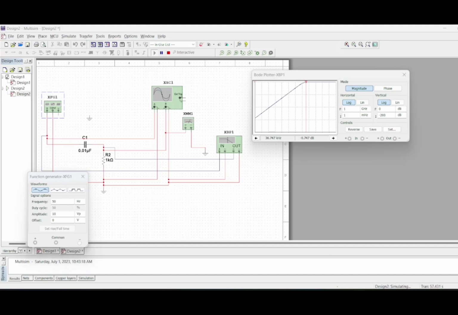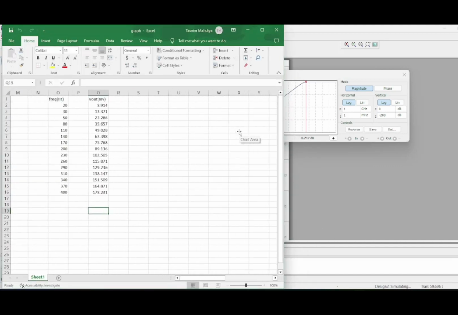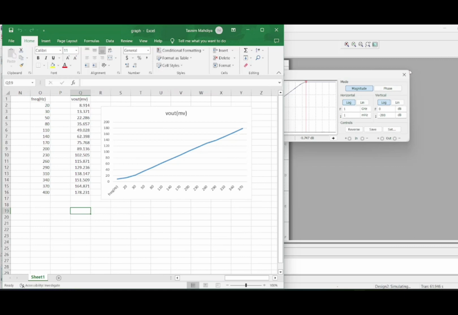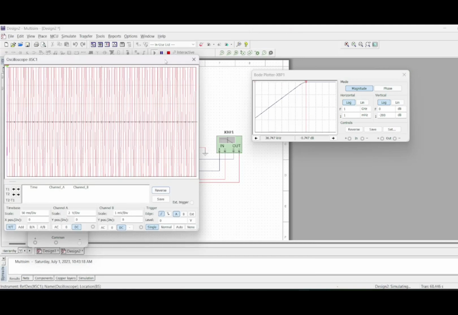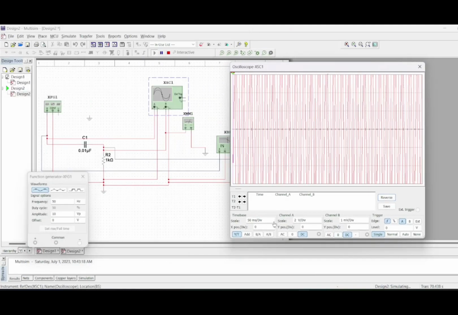So let's compare with the Excel output here. I'll also show the oscilloscope graph here.